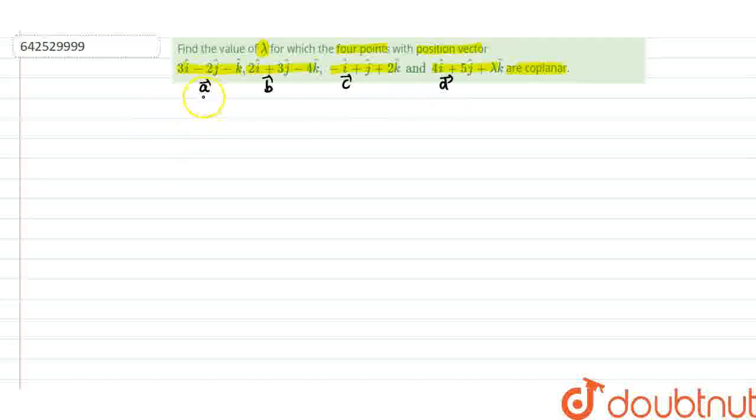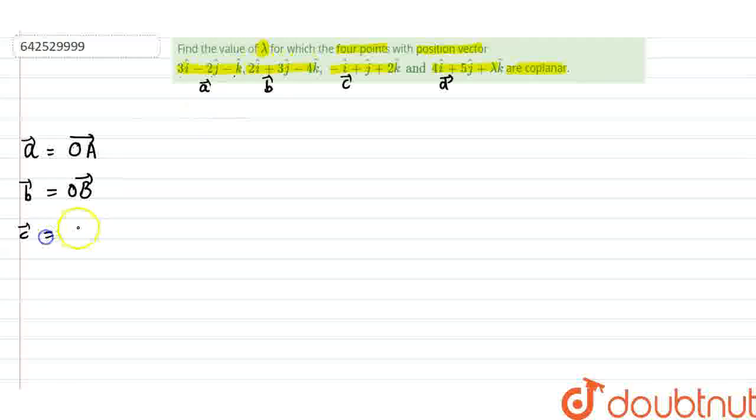So corresponding to this A vector, these points 3, -2, -1 will correspond to vector OA if we consider 3, -2, -1 as a point on the space. So A vector corresponds to OA vector, B vector corresponds to OB vector for some point B, 2, 3, -4.